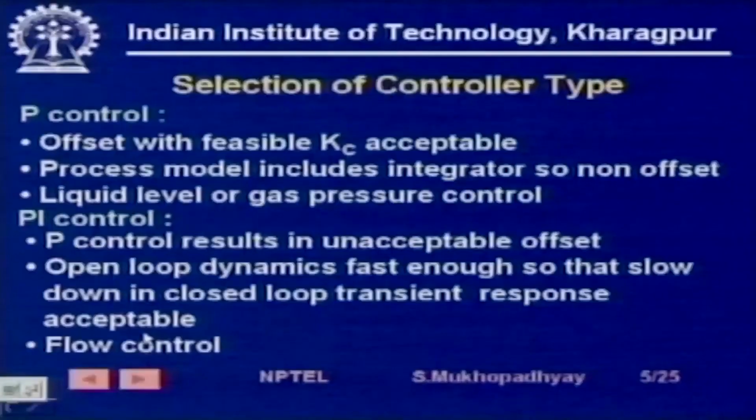Typical example is flow control. In flow control, the step response is actually very fast. So therefore, even if you include a PI controller and it oscillates a little for some time, that interval... suppose you are trying to control temperature with flow control, which is very common.